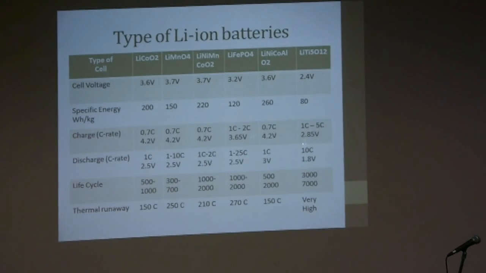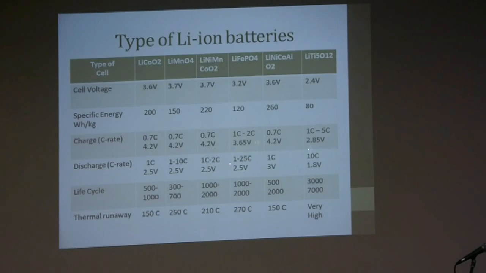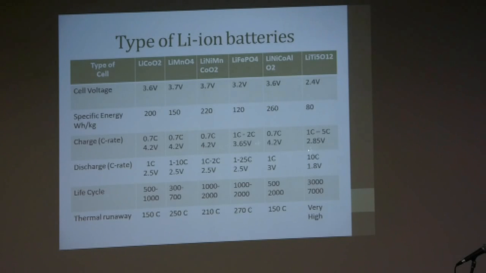If you have, say, a 10 amp hour cell, then this one could, for a short period of time, give you 25 times that, so 250 amps. While the other cells, like this one or that one, could only give you sort of 2C. So if you have an application where for short periods of time you need a lot of current, you have to have one that has a high rating here. And that all of a sudden makes the lithium iron phosphate a better one again.